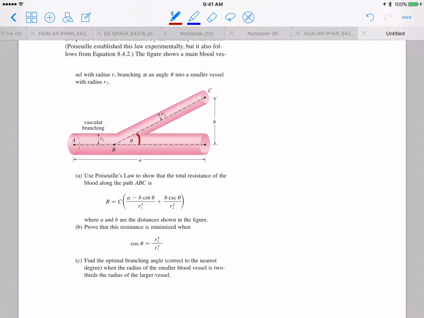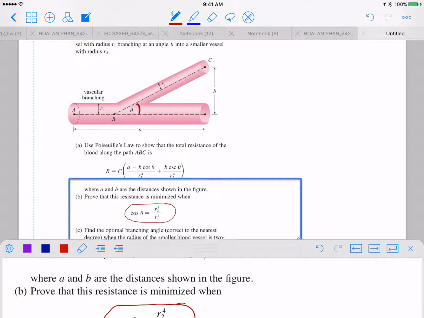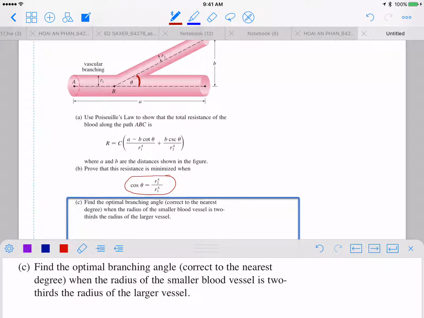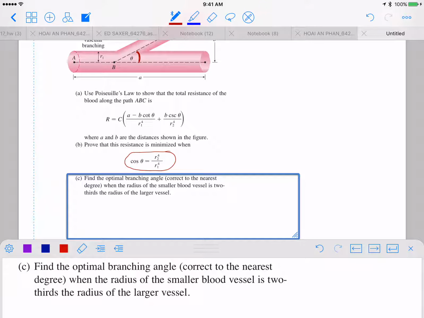Okay, so in class we showed that the minimum is going to occur when cosine of theta is equal to this fraction here, this ratio. And so we've got this one last problem, which is to find the optimal branching angle. And in this case, optimal means what's going to result in the least resistance.